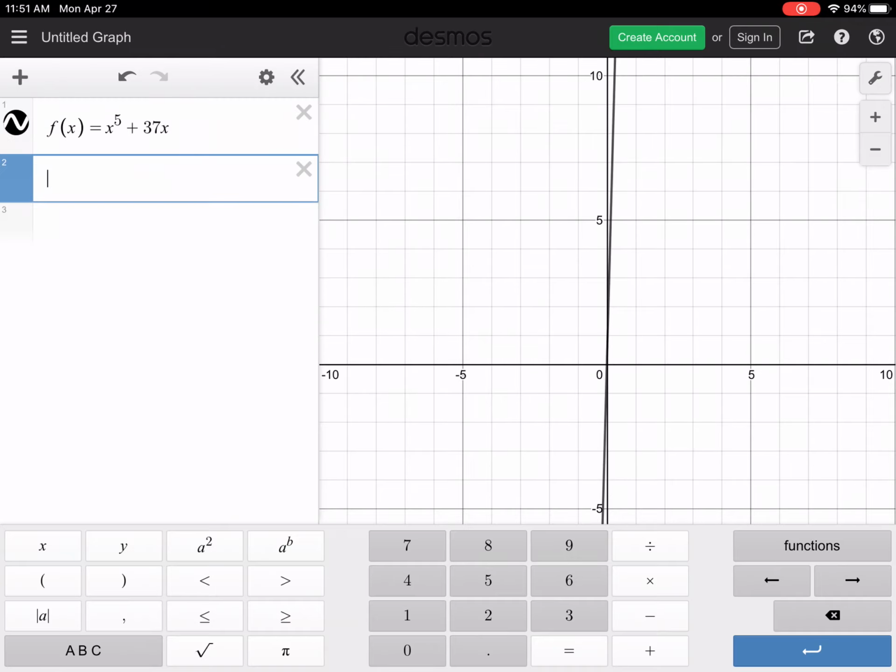And now, what if I actually subtracted those values? f of 1.01 minus f of 1. Again, dx is delta x, so that's 0.01. That's the difference between the two x values I'm plugging into the function.